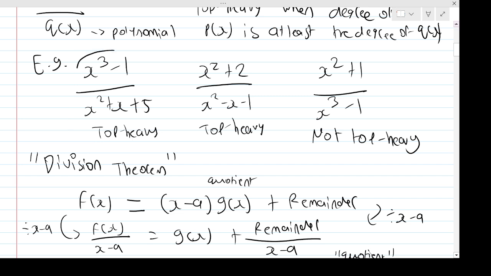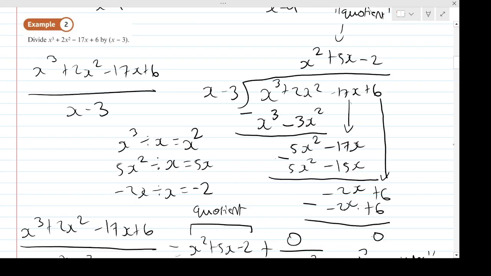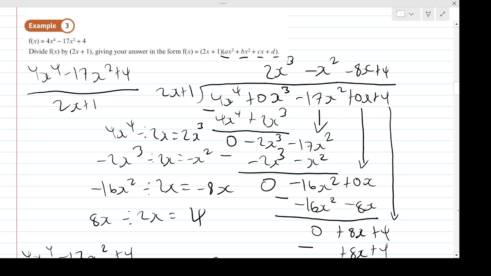which again means the degree on the top is at least as big as on the bottom. So here x cubed, the highest term, is bigger than x squared, so it's top heavy, which allowed us to conduct division. And we can see that here, because x cubed is bigger than x in terms of powers, and 4x to the 4 is bigger than 2x.